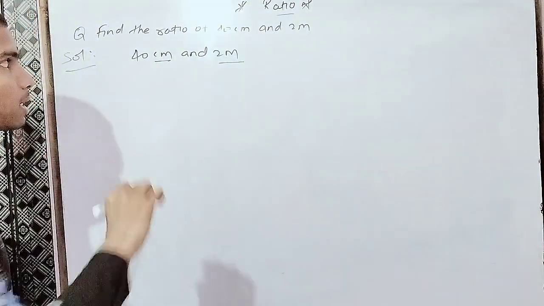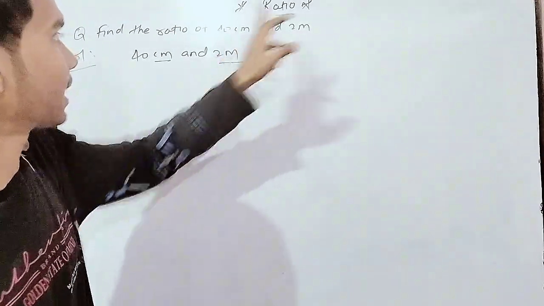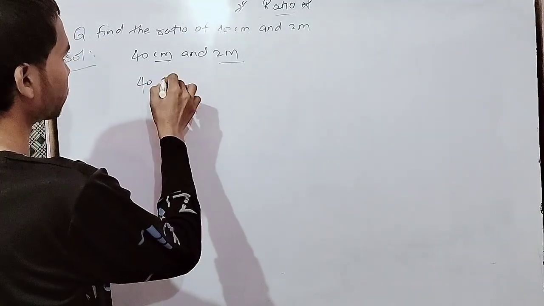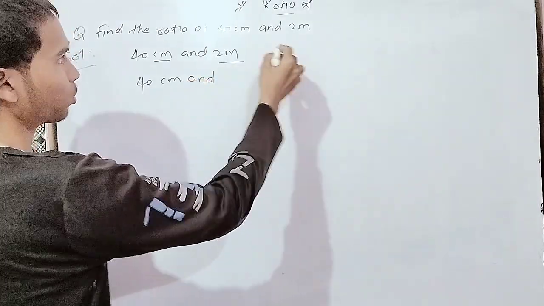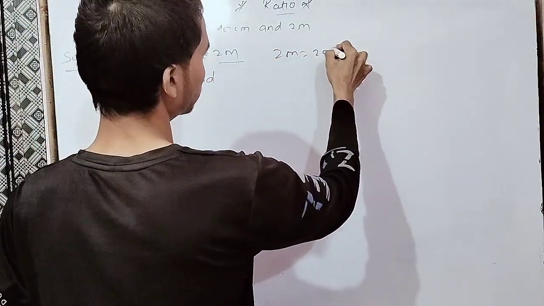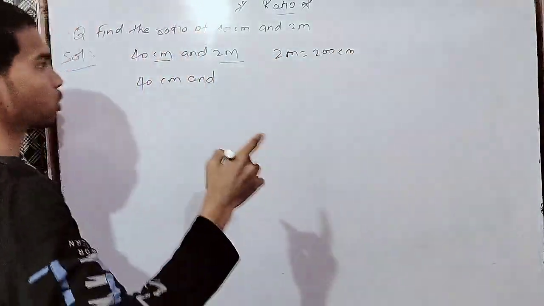This is 40 centimeter, this is 2 meter, and it can be converted into centimeter. Isn't it? So tell me, what would be in place of 2 meter? You already know that 2 meter is 200 centimeter.